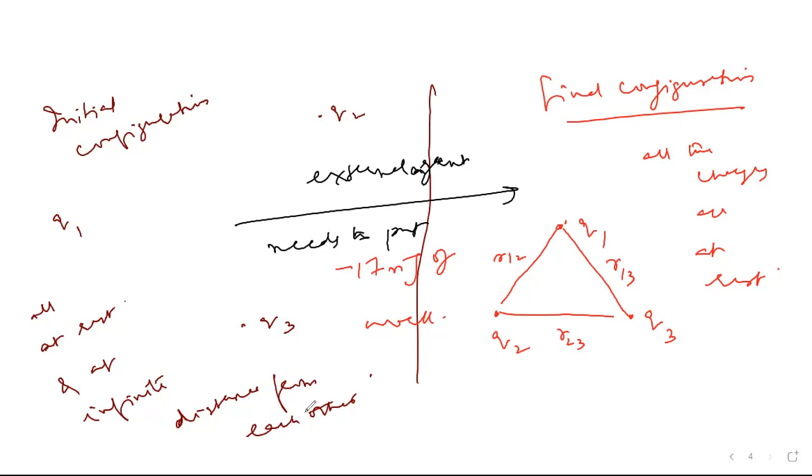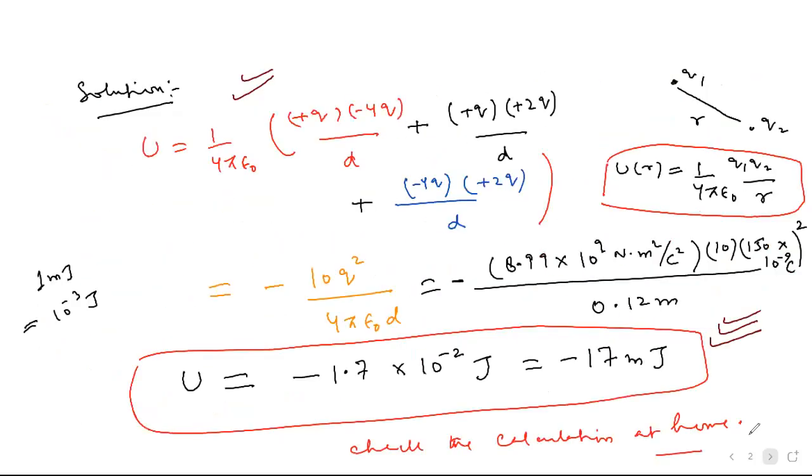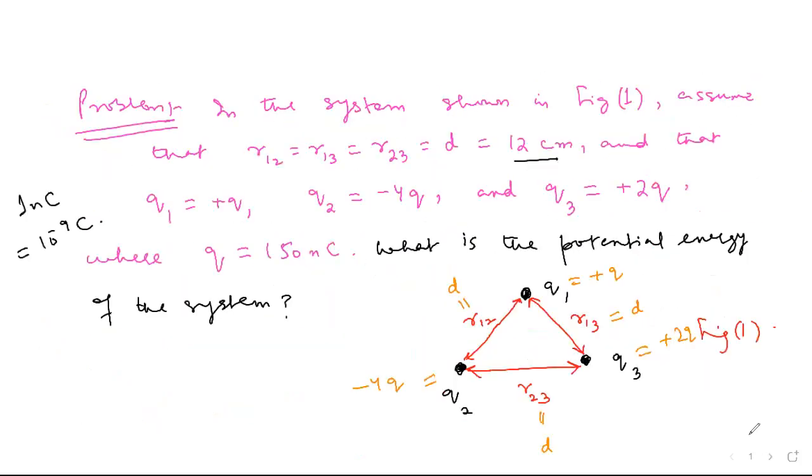I have 3 charges at rest at infinite distance from each other. Now the external agent changes this configuration and assembles the system as shown in figure 1, and they are assumed at rest finally also.